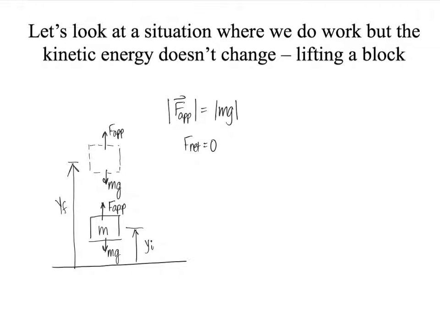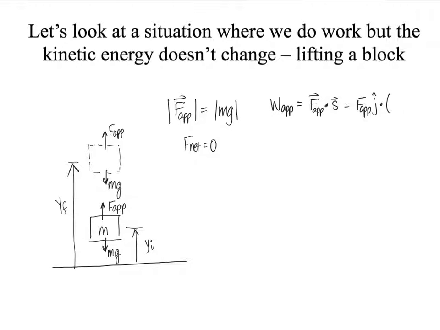But first of all, let's just see if we can understand it from the idea of work. So let's think about the work done by the applied force. It's going to be equal to the applied force times the displacement. Now the applied force is in the positive y direction, so I'm going to write it in the j hat direction.